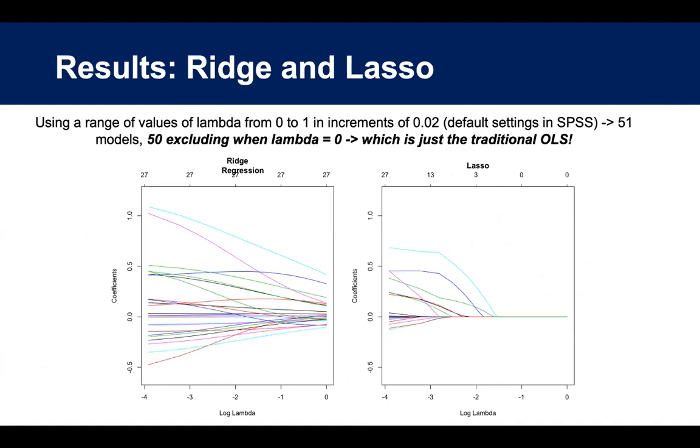Okay, so then I used a grid of values for lambda, and you can see here how it impacts the coefficients and how they shrink towards 0 for both Ridge and Lasso, and you see that flat line at a certain point for the Lasso, where coefficients are being set all the way down to 0.